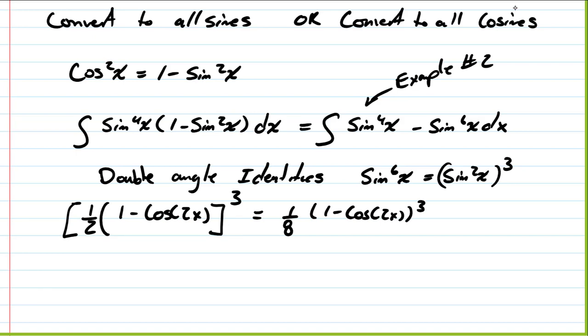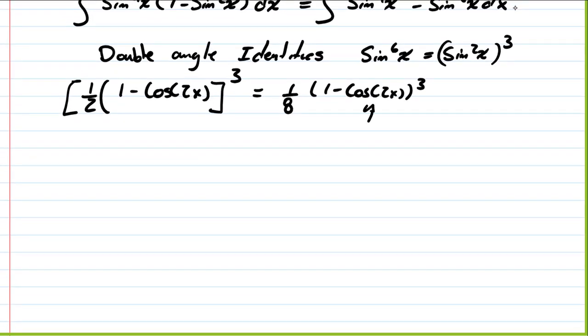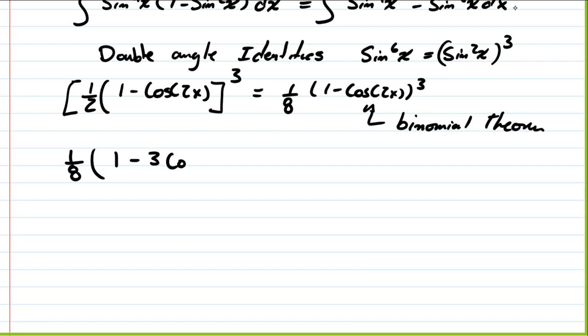And then here, we're going to need to use the binomial theorem. So we would get 1/8 times 1 minus 3 cosine 2x plus 3 cosine squared 2x minus cosine cubed 2x.